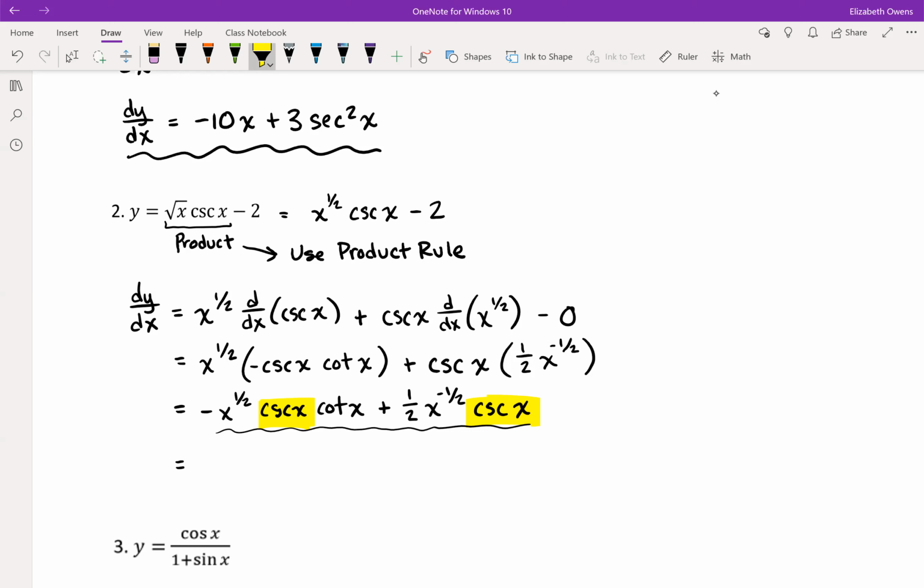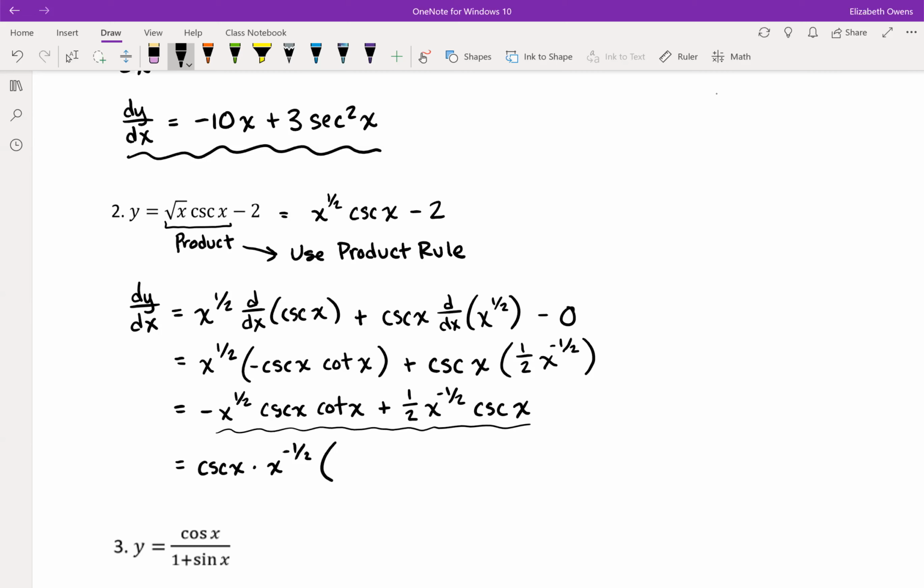That's a pretty common thing. So we're going to factor out an x to the negative 1/2 here, just so you can see what that would look like. Okay, so we'll take out our cosecant x and then an x to the negative 1/2.